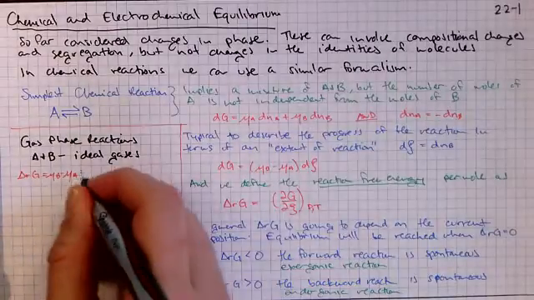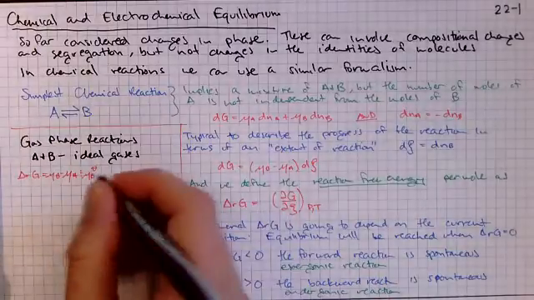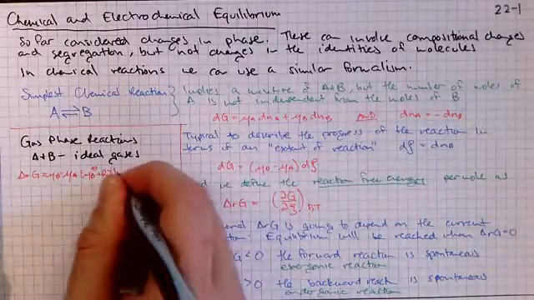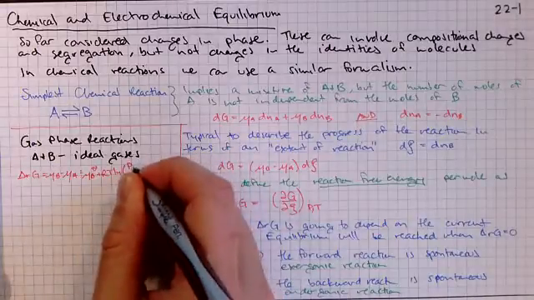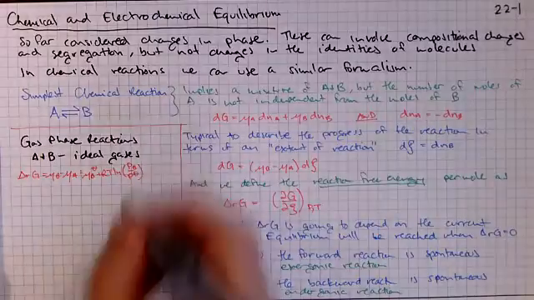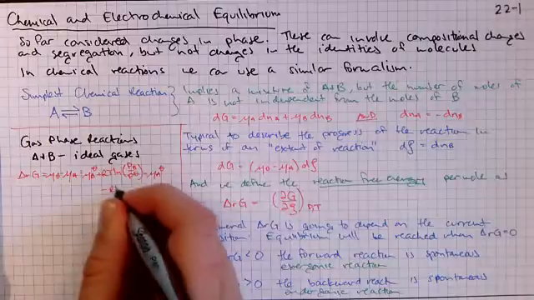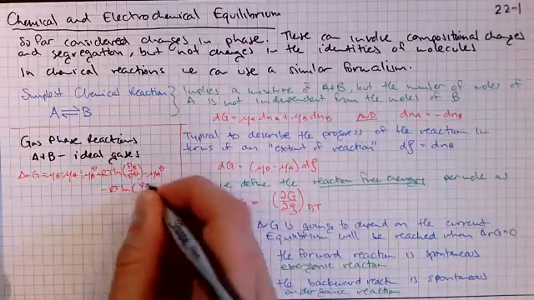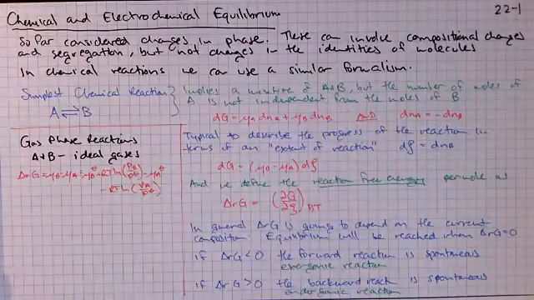So we could write this as mu B in the reference configuration plus RT natural log of PB, the partial pressure of B over the reference pressure, minus mu A theta minus RT natural log of PA over P theta, right? So that gives us an expression for our delta Rg.